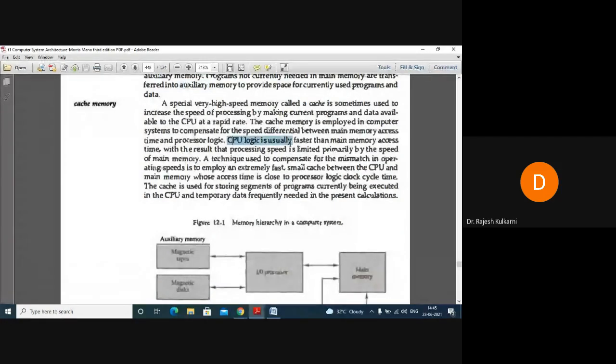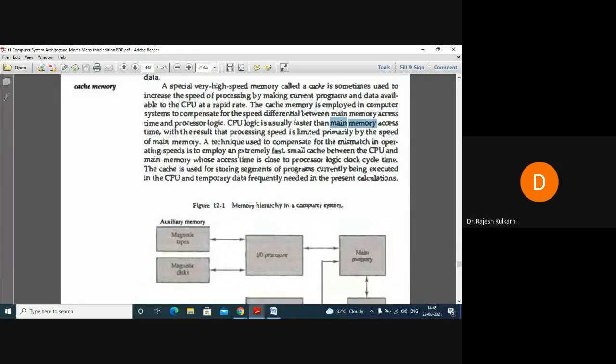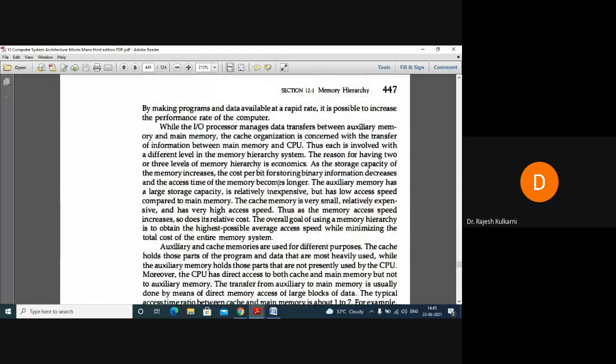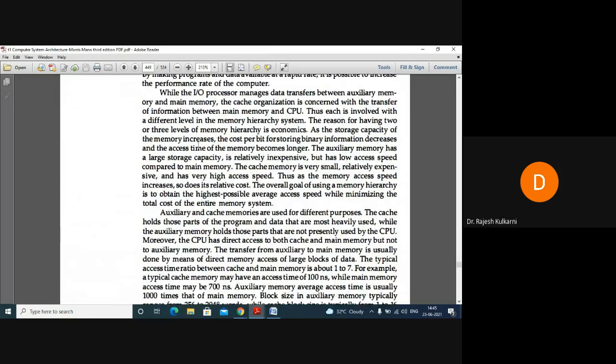As you can see in this line here, the CPU logic consisting of registers is faster than the main memory. So that's why the processing speed of the CPU is reduced. To compensate for that, we'll be using cache memory, which I told you about. Whatever discussion we had is the same discussion being mentioned here. Why are we having memory hierarchy?